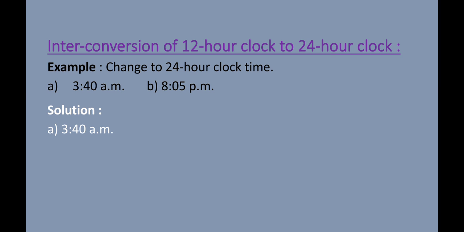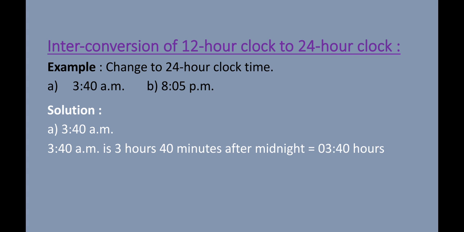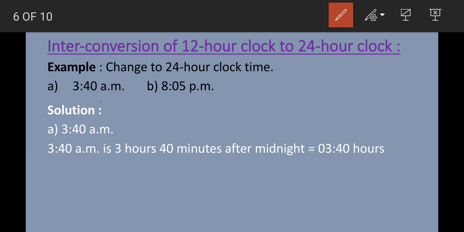The a.m. times remain the same in the 24-hour clock also. All the a.m. times, that is from midnight to noon, 0 to 12 a.m., remain the same number in the 24-hour clock. So here it is in a.m. form: 3 hours 40 a.m. we can read as 3 hours 40 minutes after midnight.